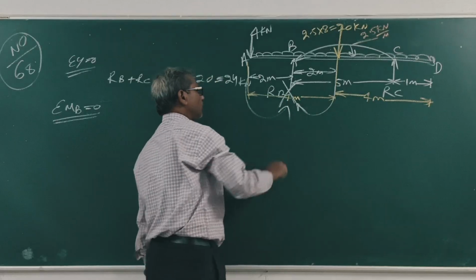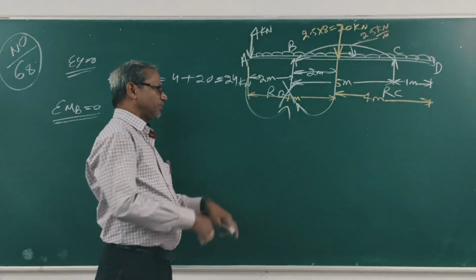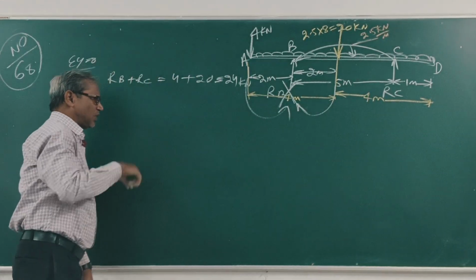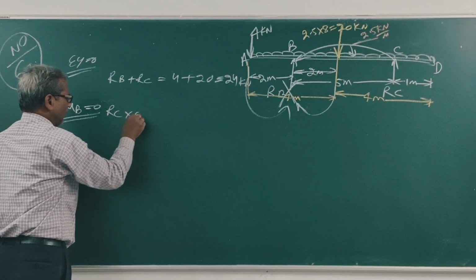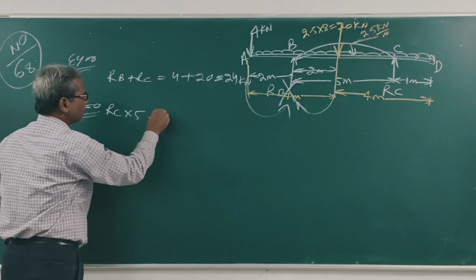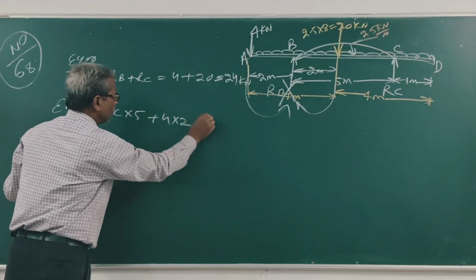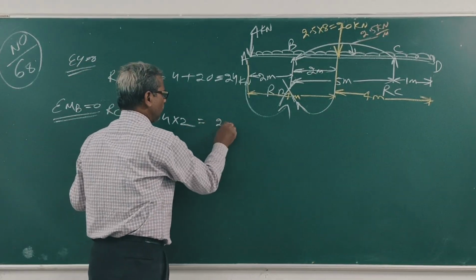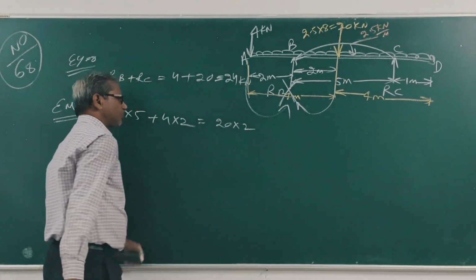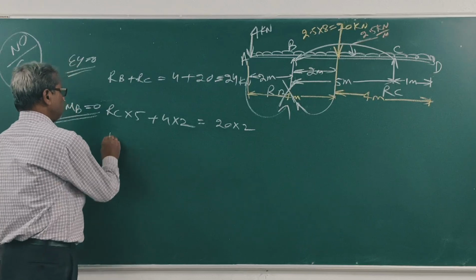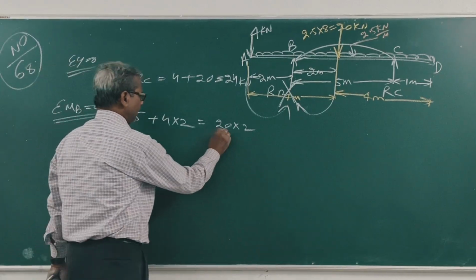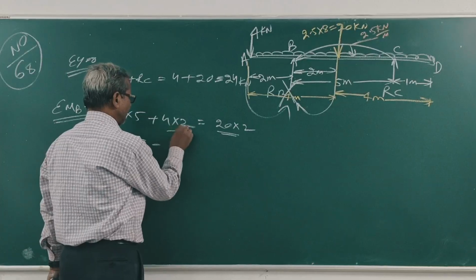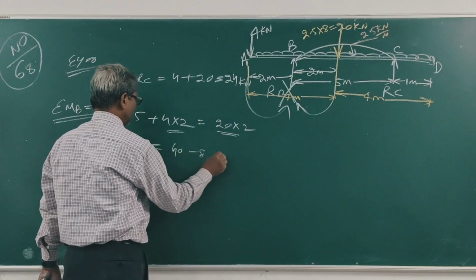This is 4, this is 2, this is 2 meter. Clear? So RC into 5 plus 4 into 2 is equal to 20 into 2. So RC into 5 is equal to 40 minus 8, 32.